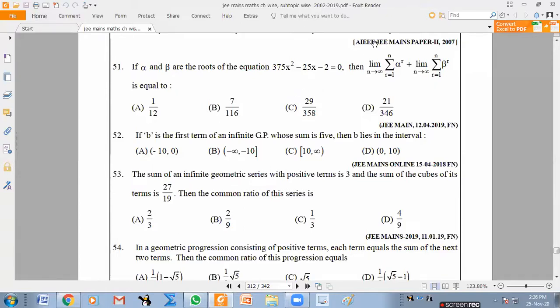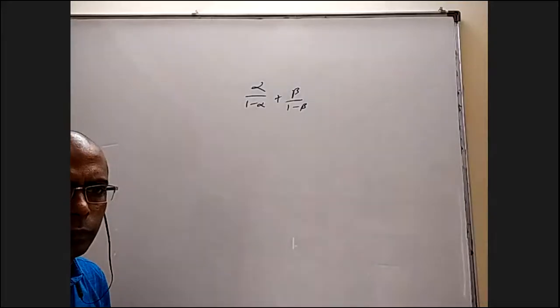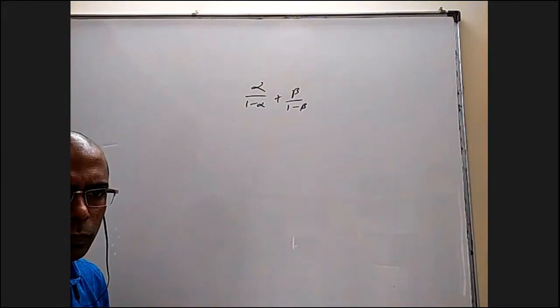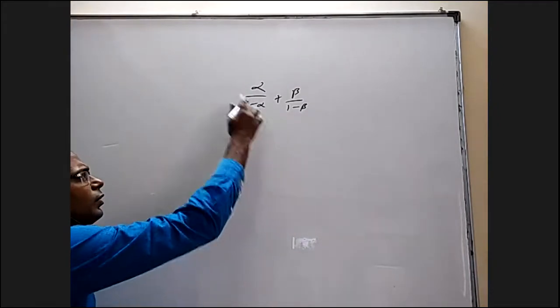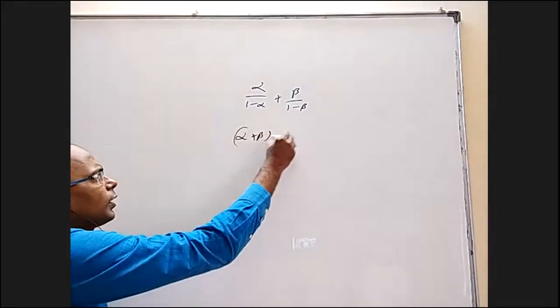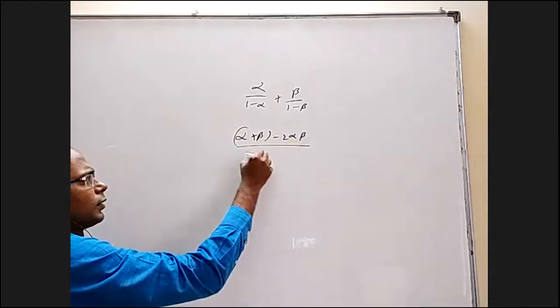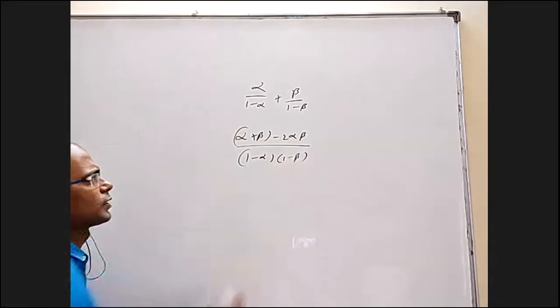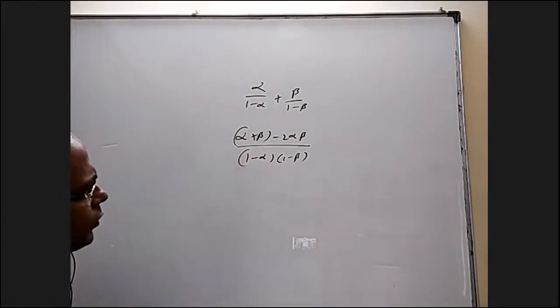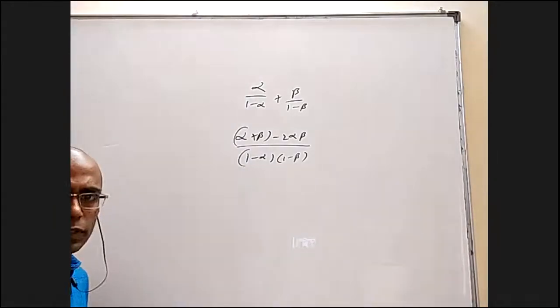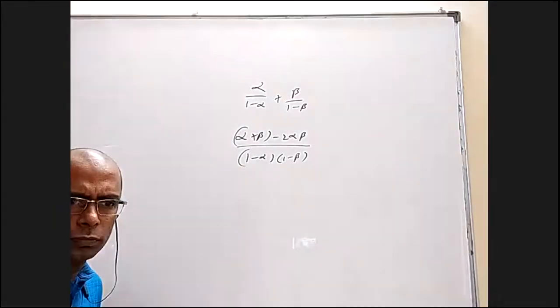When you do cross multiplication, if you simplify this, you'll get alpha plus beta minus 2 alpha beta by 1 minus alpha into 1 minus beta. You can expand this also. Anyway, then you can find it. Sir, we can find alpha and beta. You can find alpha and beta.